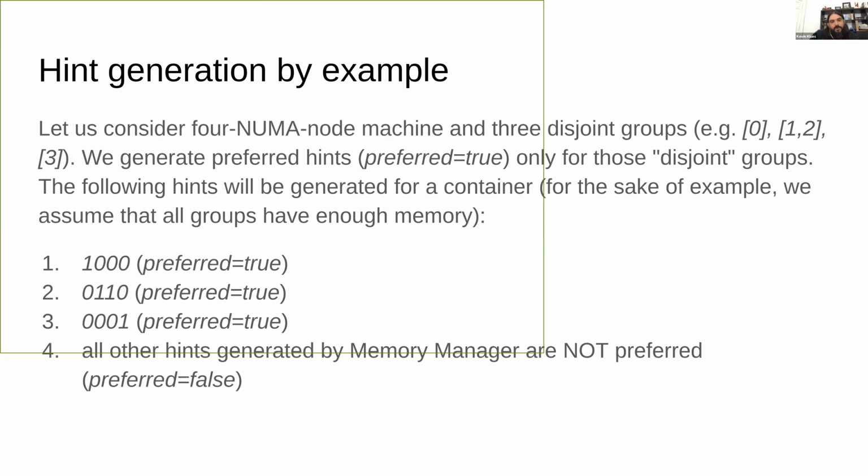The first one does its allocation according to hint 1. The second one does its allocation according to hint 3. Then the third comes along, and the only hint that's still available where an allocation could happen is number 2. I actually want that pod to be rejected. I don't want it to be admitted here, because I'd rather have it land on a different node where it could get all its resources from a single NUMA node, instead of being admitted here just because 2 other allocations have happened on this node already, and now I can't.